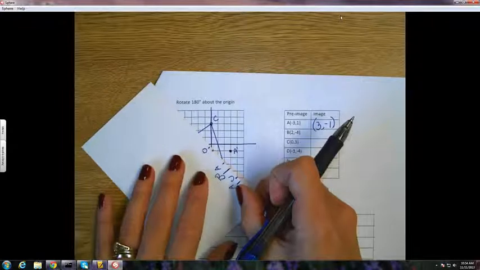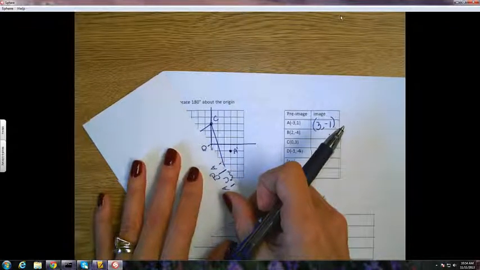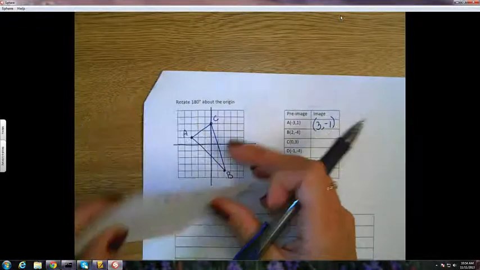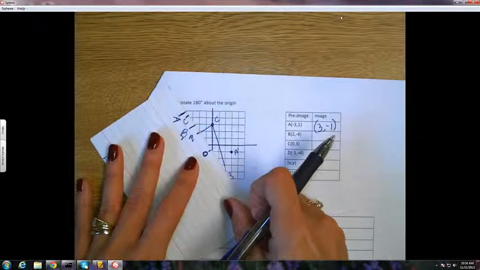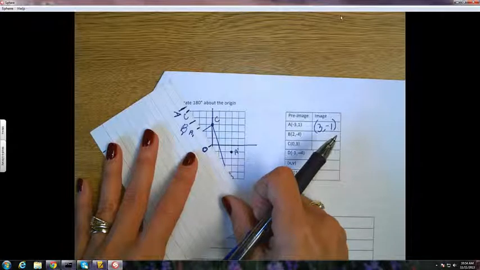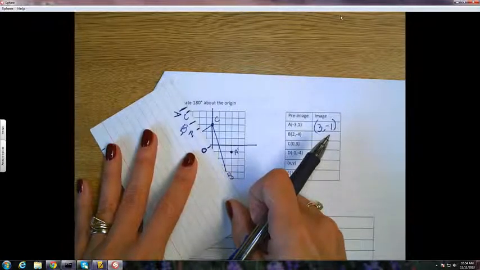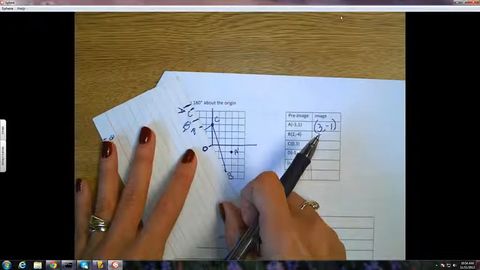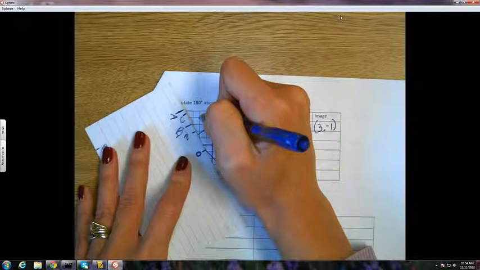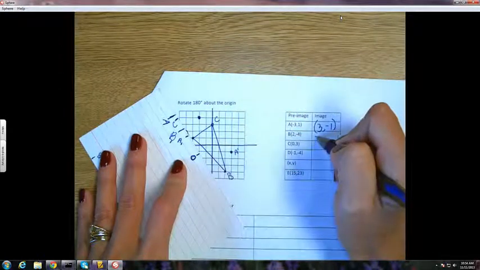So I had origin to B. I'm going to flip it over. B's going right here. -2, +4. -2, +4.